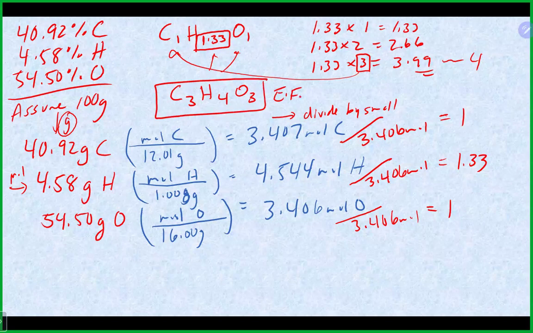Any questions on those steps there? So basically get it to grams, grams to moles, divide by the smallest. If you hit all whole numbers, you're good. If not, you've got to find a factor to multiply. And you don't always have to find a factor. A lot of times you will hit pretty much whole numbers, and you'll be in good shape. Any questions on how to calculate the empirical formula? All right.